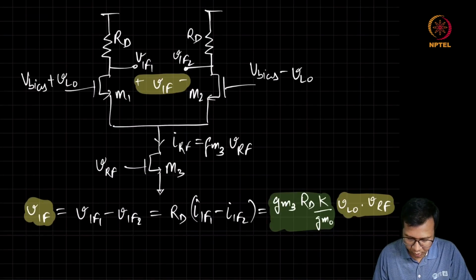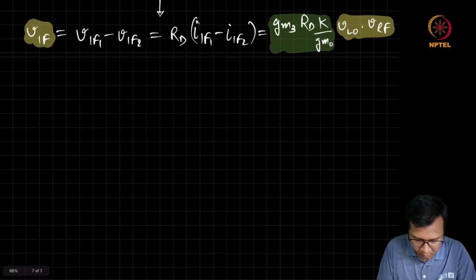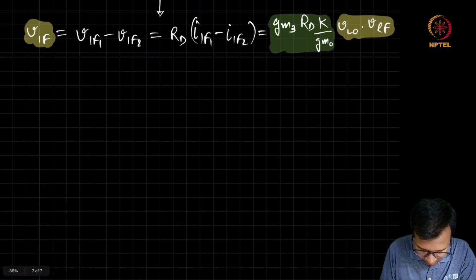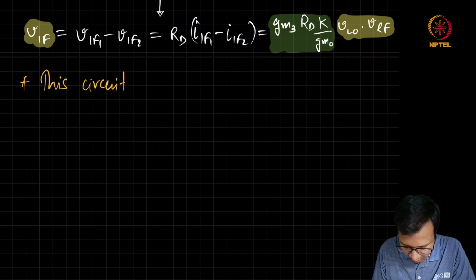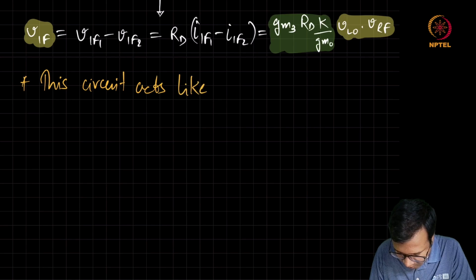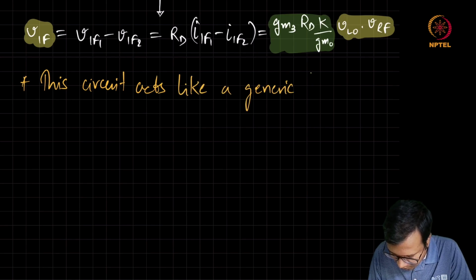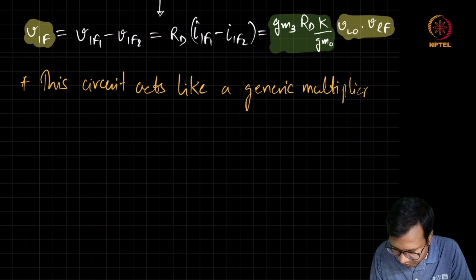So one important point to note here is that this circuit acts like a generic multiplier.